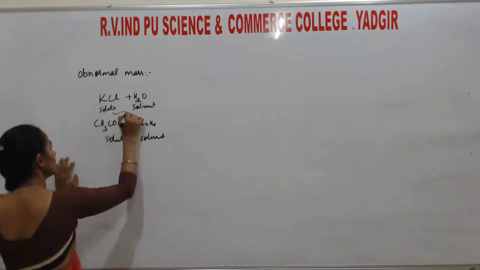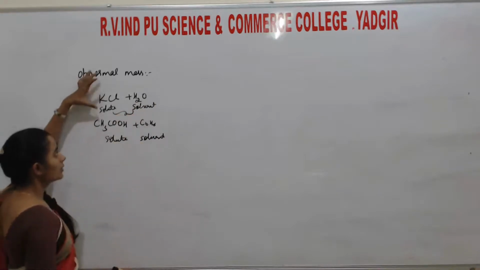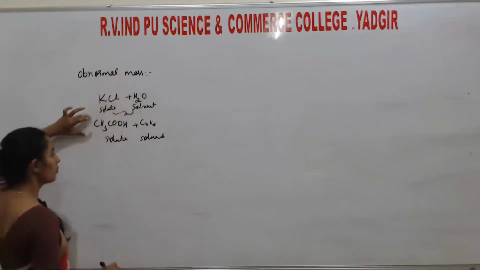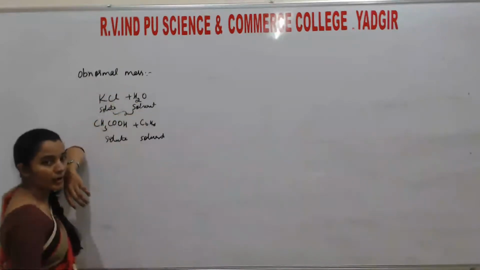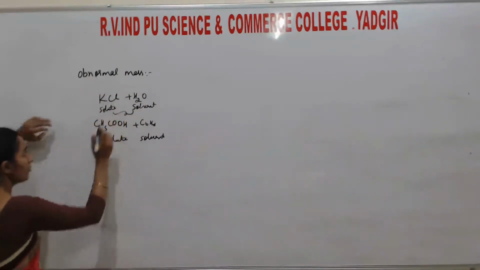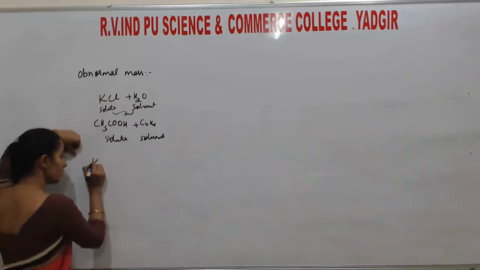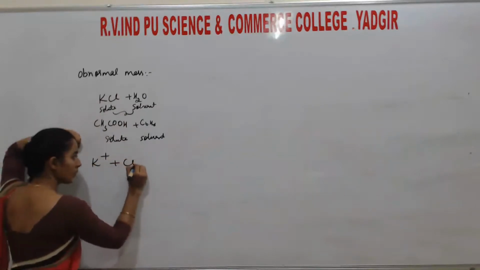So why have I taken this? I told you polar molecules dissolve in polar solvent, non-polar molecules dissolve in non-polar solvent. So here, when KCl and H2O are taken, it easily dissociates into K+ and Cl-.